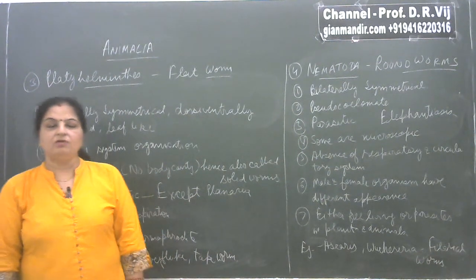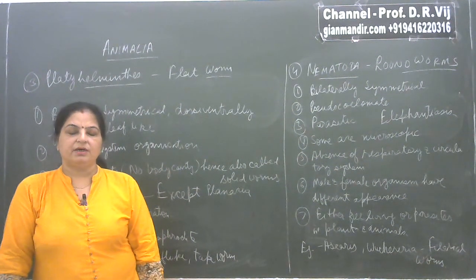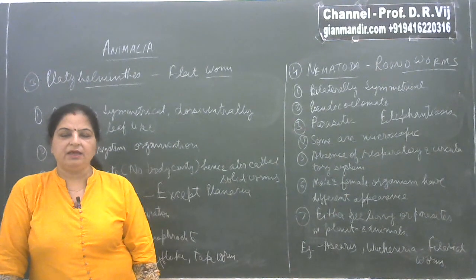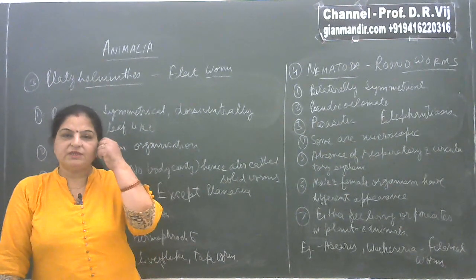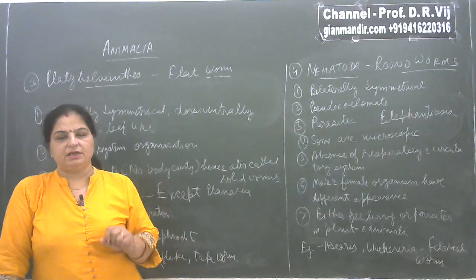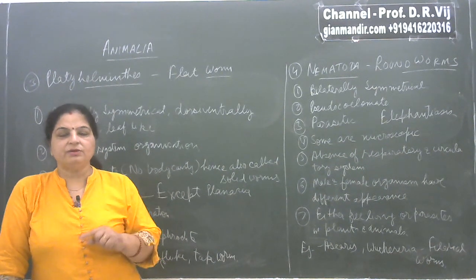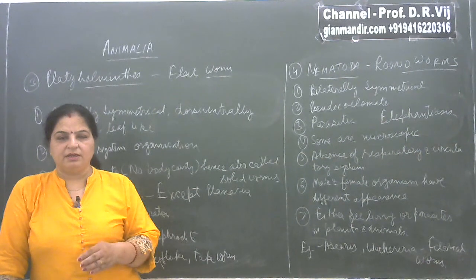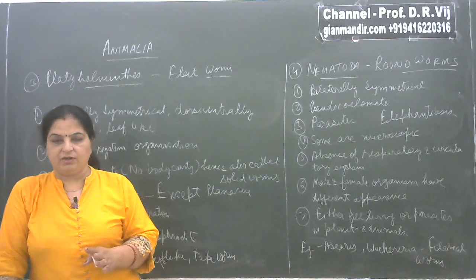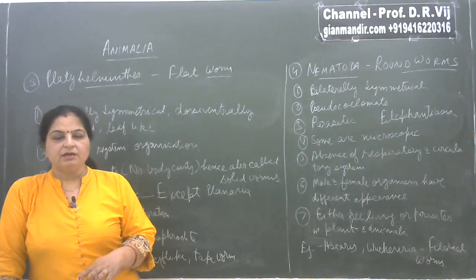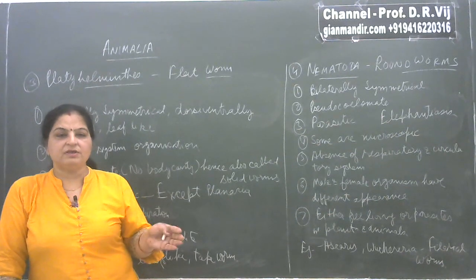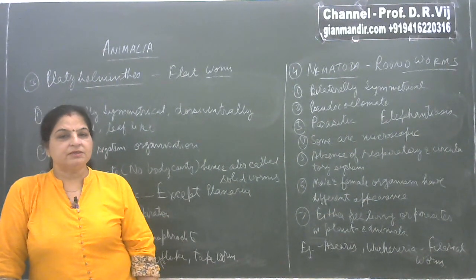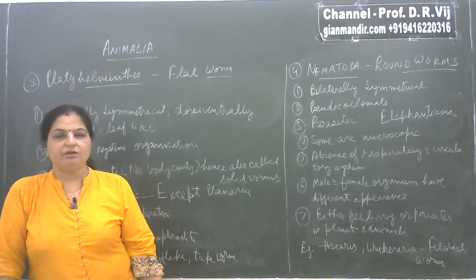So till now we were talking about the pseudocoelomate. As you have seen at the start, the organisms which have tissue level organization were further categorized into two categories, whether they have a true body cavity or not. If there is a false body cavity, then it is known as Nematoda.